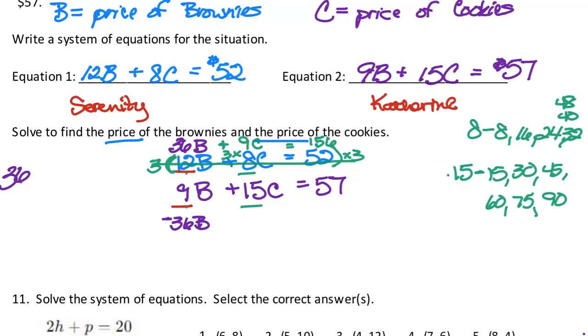And what do I need to do to get from 9 to negative 36? What do I need to multiply by? What do I multiply 9 by to get negative 36? 9 times what?